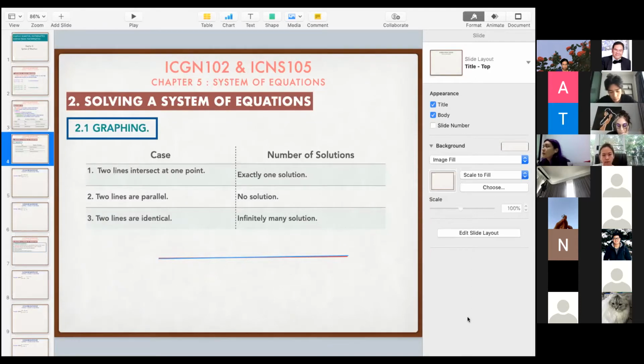This one, the number of solutions is infinite, many solutions. So somebody may use graphing in order to do this. Now let me show you the graphing way in order to solve this problem.